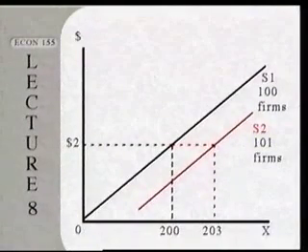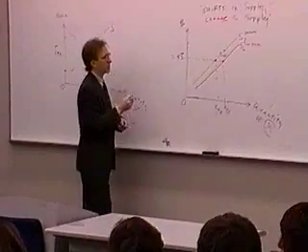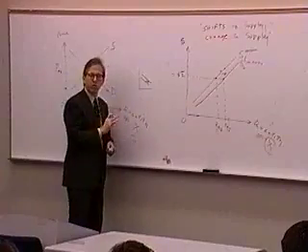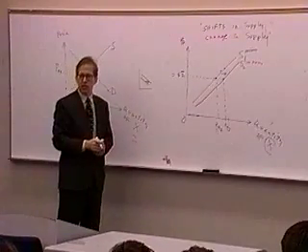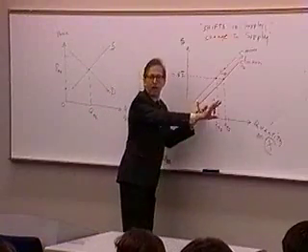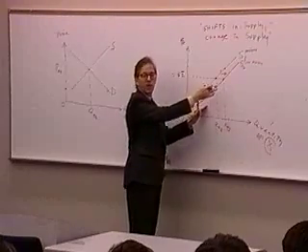The curve shifted to the right. This is a good time to explain why I wanted you to talk about shifting to the right versus up and down. A while ago, when we talked about the demand curve increasing, I said to talk about an increase in demand as a rightward shift, not an upward shift. Here's why. Now we've increased the supply, shifted the curve to the right, but this curve did not shift up, it shifted down.